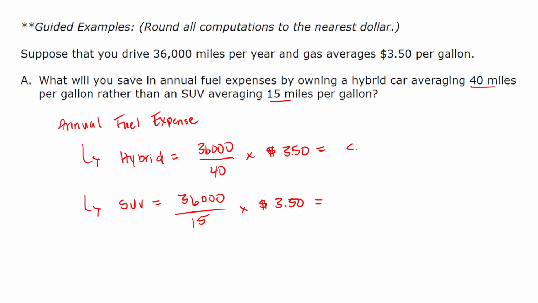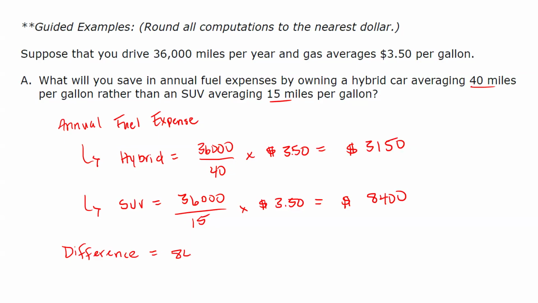Okay, so the hybrid was 3,150, SUV 8,400. So now we want to know how much we're going to save. In other words, we want to know the difference between the two.